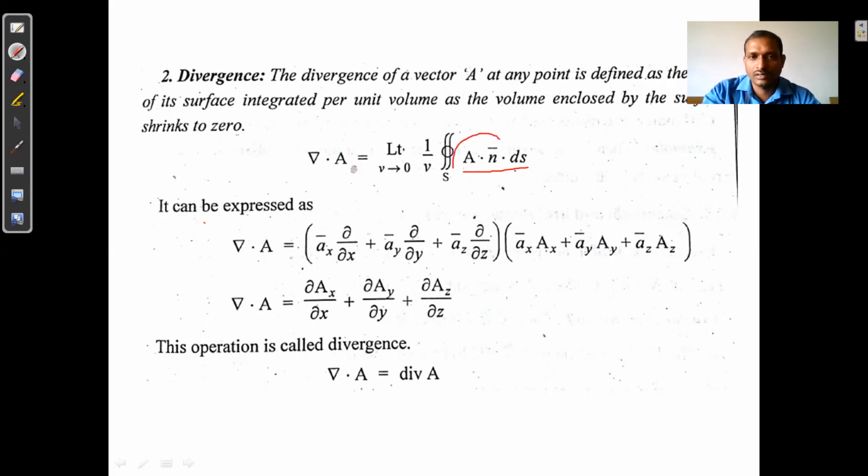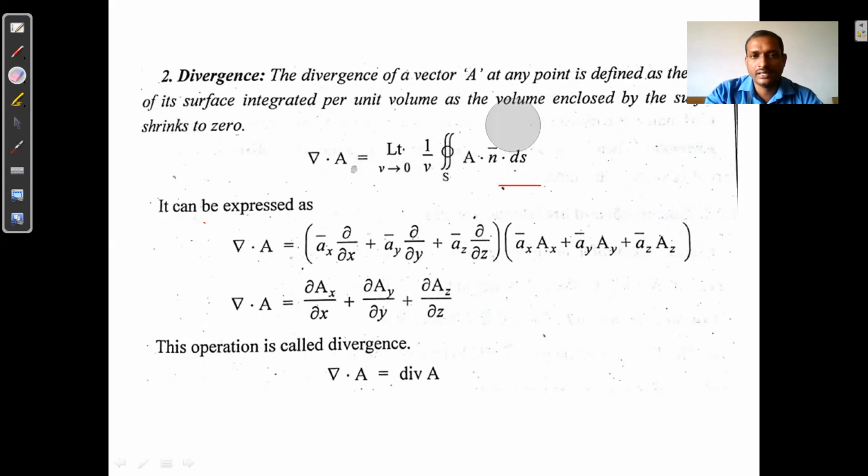That is, the normal component of the vector taken as the surface integral, divided by the volume enclosed by the surface. So del dot A is equal to limit volume tends to 0 of 1 by volume into the surface integral of A dot n ds over the volume. This is called divergence.